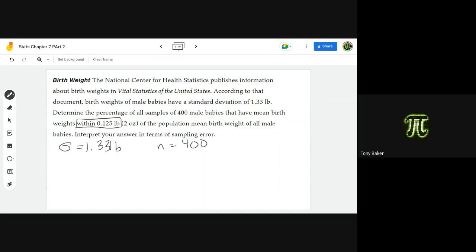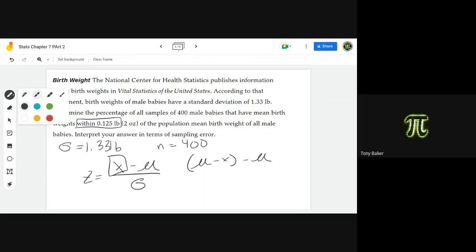So if you remember, your formula for z-score was the x value minus the mean, divided by the standard deviation, correct? If this is just the mean, x minus the mean, these two values right there cancel each other out.